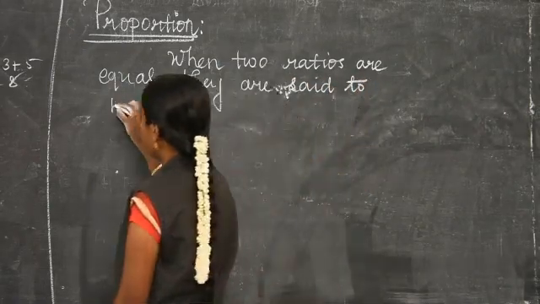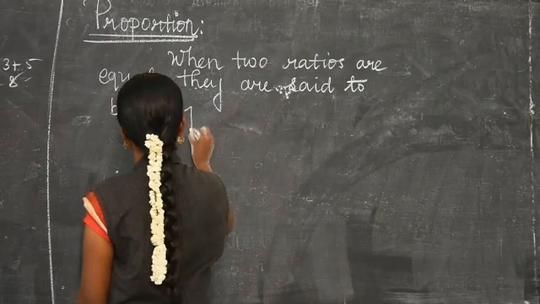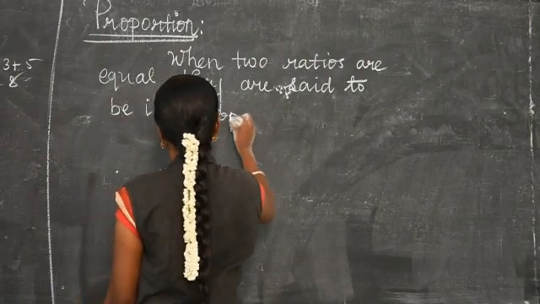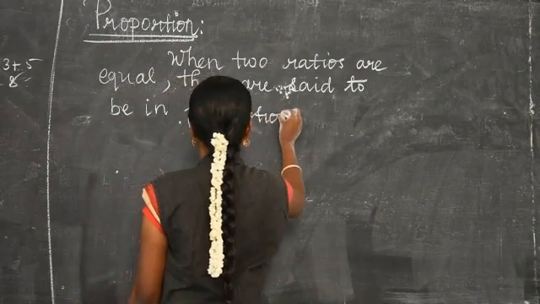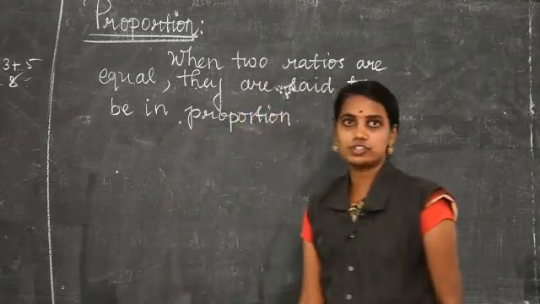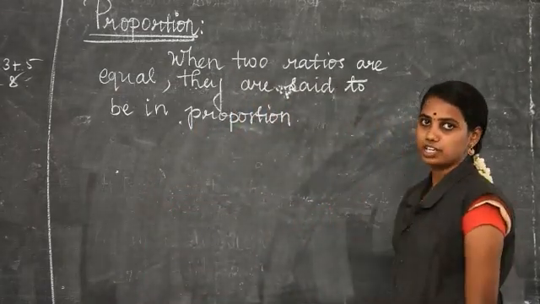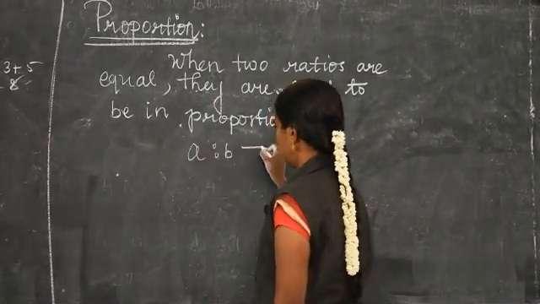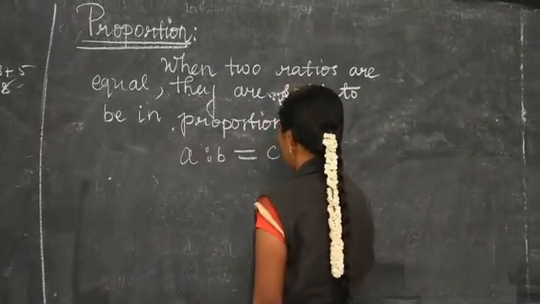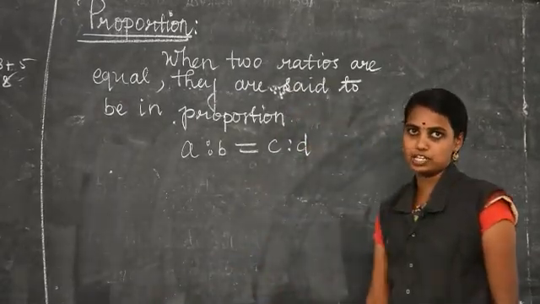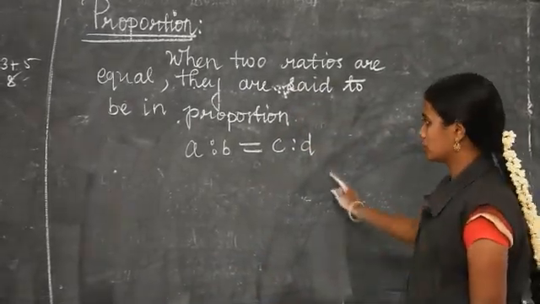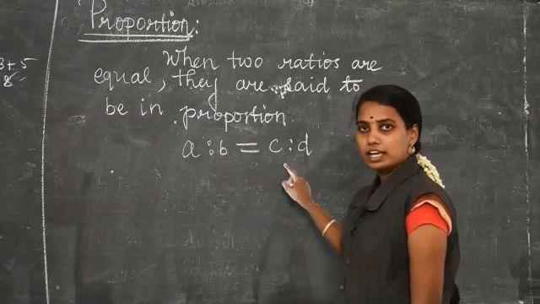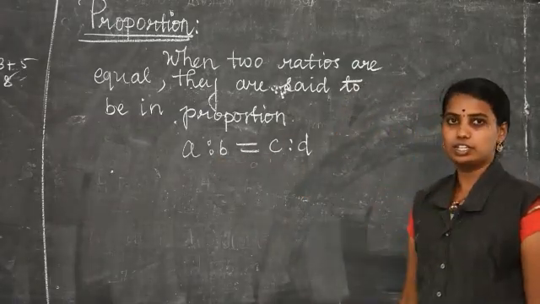When two ratios are equal, they are said to be in proportion. For example, A is to B equal to C is to D. Okay, when two ratios are equal, we can say it is in proportion.